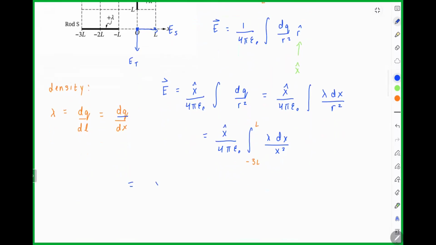So what we get is x hat over 4 pi epsilon naught times lambda, which is a constant. Integral of x to the negative 2 becomes negative 1 over x.